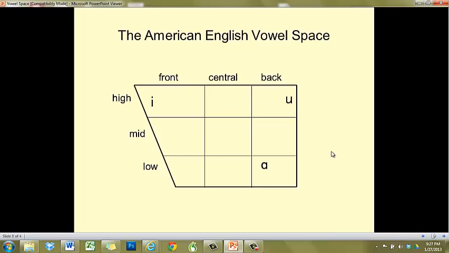We can see the extremes of the vowel space by considering what are called the point vowels. In this diagram, they are the letters I, U, and A, but in IPA, we know them as i, u, and ah. Note how these symbols represent the vowel sound, not the spelling.